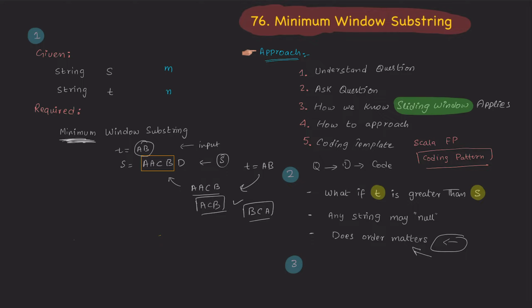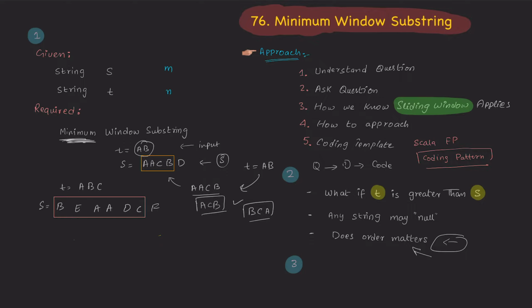And in some examples, for duplicates, if I say A, B, C is T, and S is that one. Now in that case, you will see that the minimum window will be B, E, A, D, C. That will be the minimum window which we can give as an answer, because in that frame only, in that window size, we have all characters.